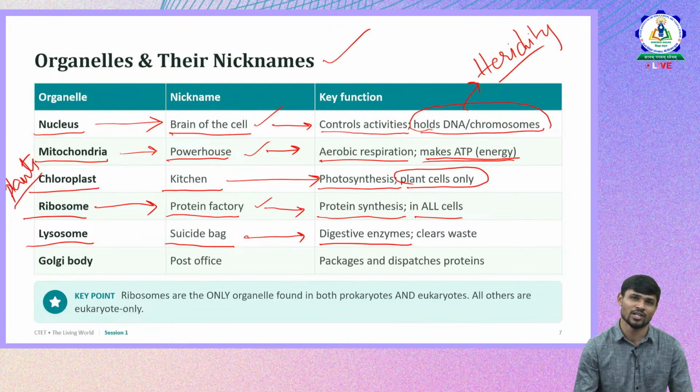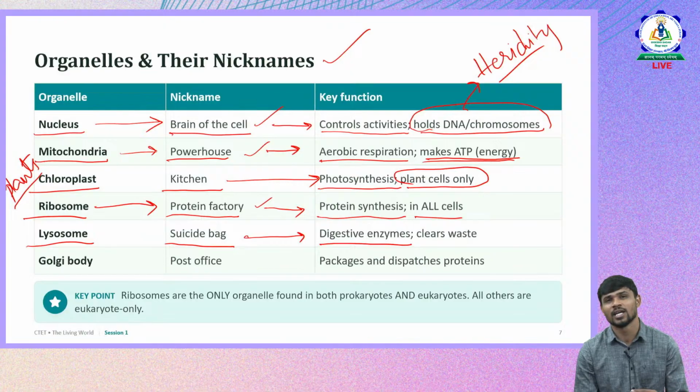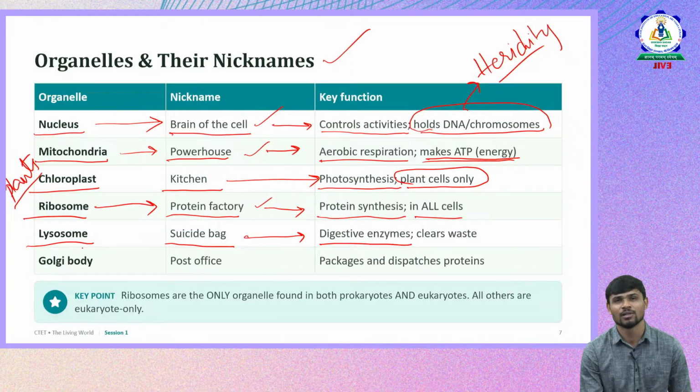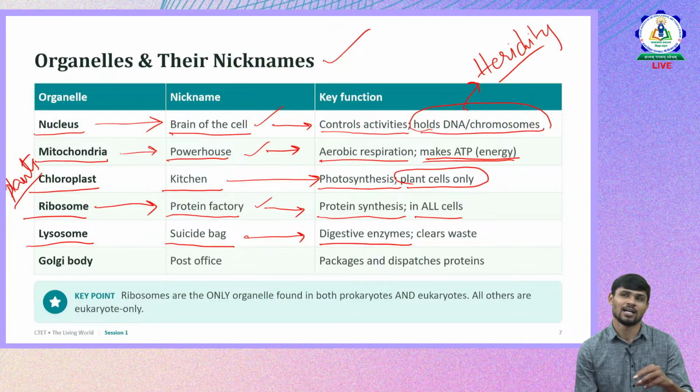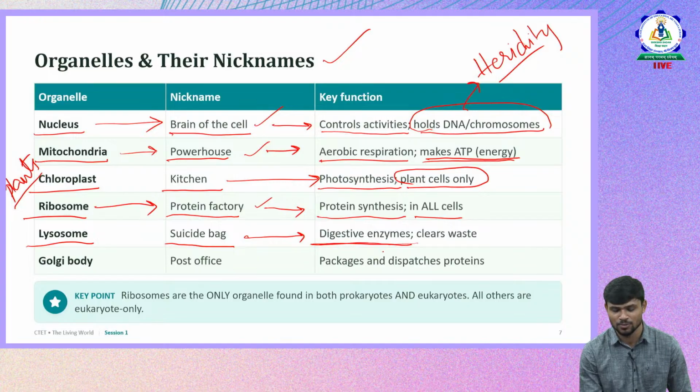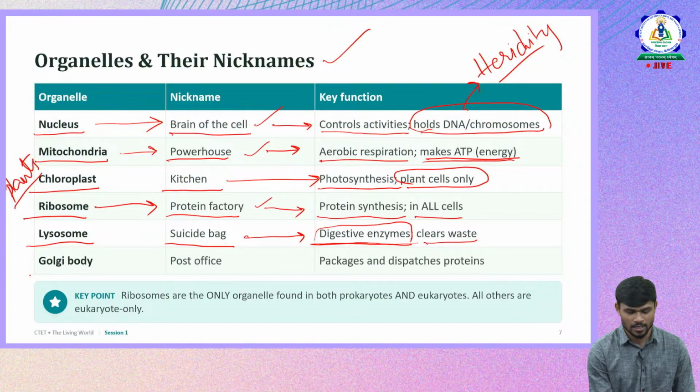Any damaged organelle or damaged cell will be digested by the lysosome and removed from the cell. So it helps the cell to suicide itself. That is why it is called a suicidal bag. And how it digests the cell or any damaged part of the cell is because of the digestive enzymes. It clears the waste.